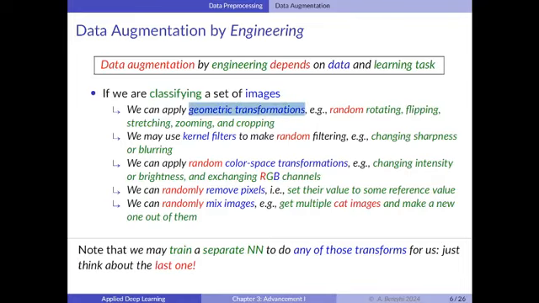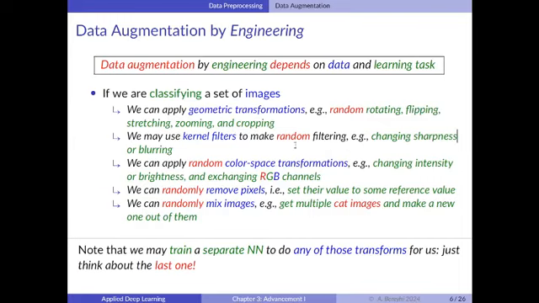For example, we can do geometric transformation like rotating, flipping, cropping, etc. that I talked about before. We can apply kernel filters to, for example, blur or sharpen the picture.